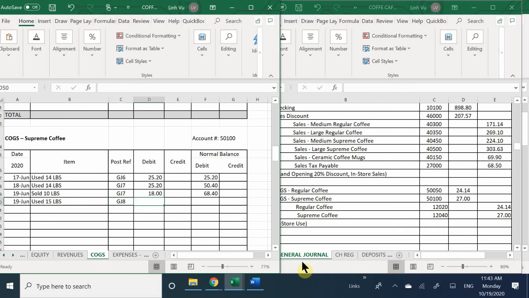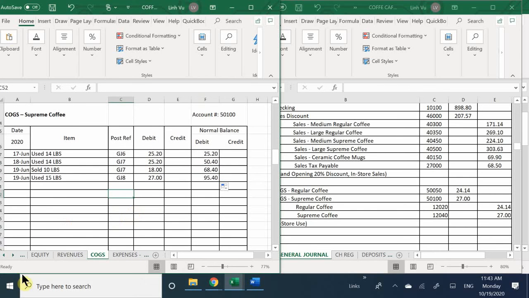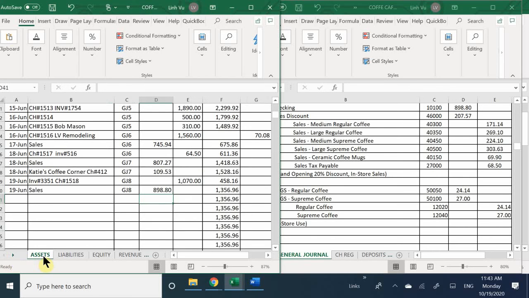And how much was that amount for? $27 even, bringing my grand total to be $95.40. Okay.